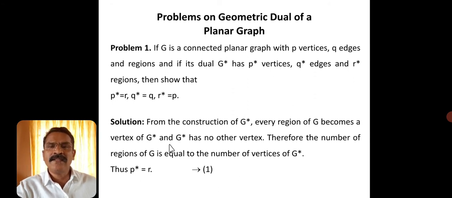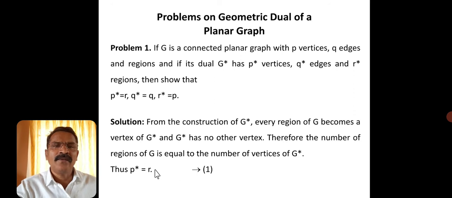The number of vertices in G star will be equal to the number of faces in G. How many faces have we considered in G? R is the number of faces in G. So if R is the number of faces in G, the number of vertices in G star is equal to R. It implies P star is equal to R. So very easily we conclude this.